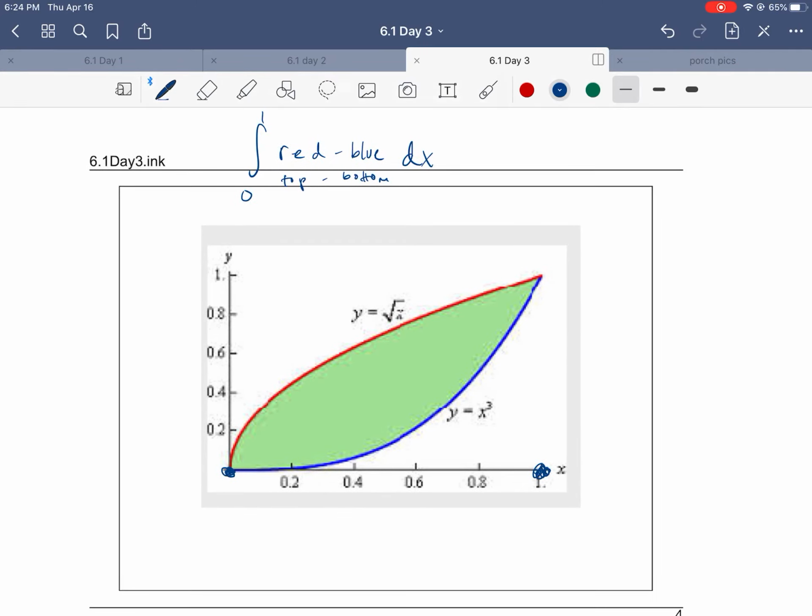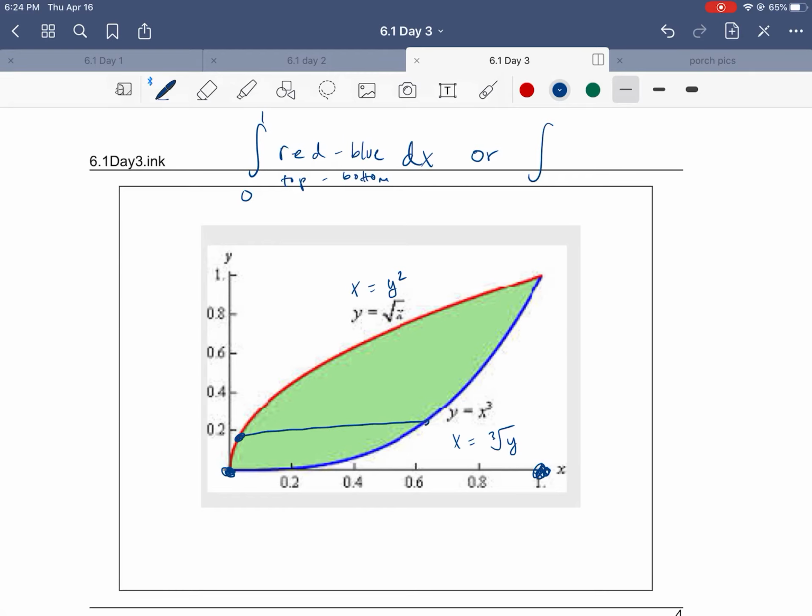Right? Or I can change the way I think. I can say, what about if I rewrite these equations? So I would have to say this is equal to x equals y squared, right? And I would have to say that this is equal to x equals the cubed root of y. Those are equivalent. Then I could say, well, blue is always further right than red.